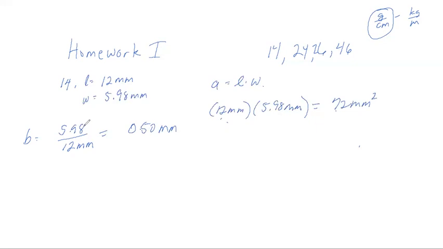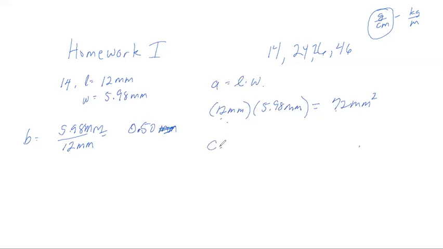No units, right? Because they cancel out. And once again, I'm doing a multiplication division function, and I can have no more than 2 sig figs. This guy doesn't count, so I get 0.50.